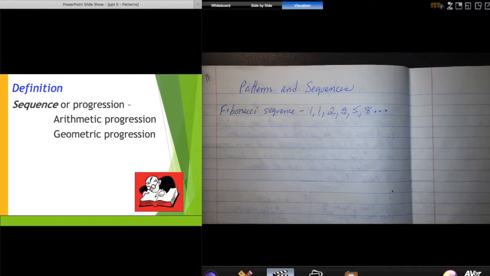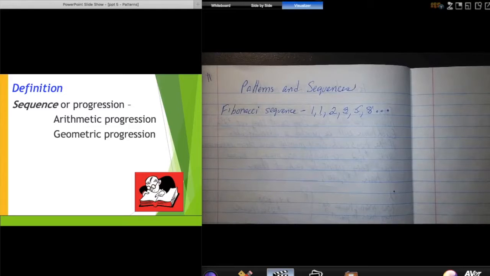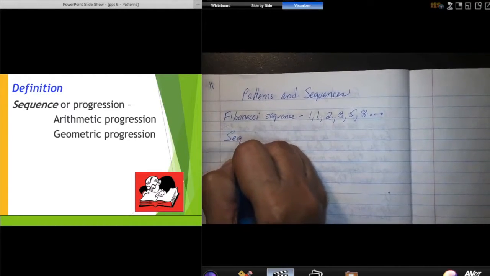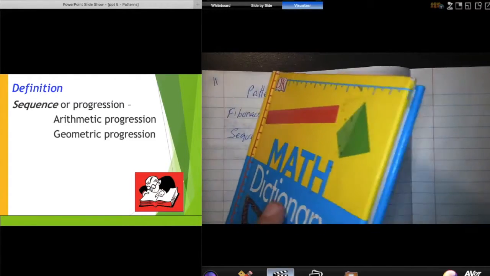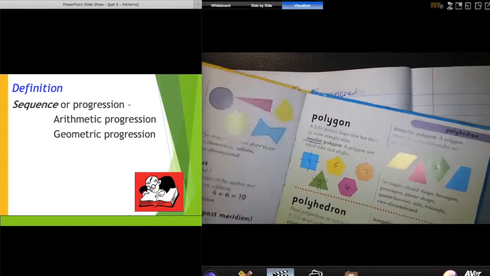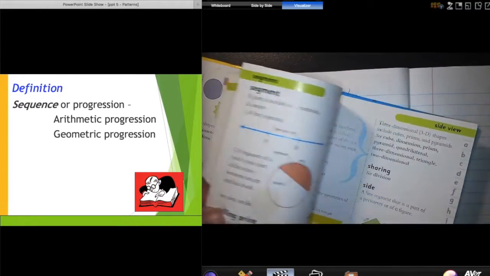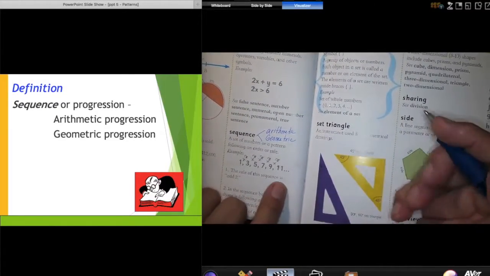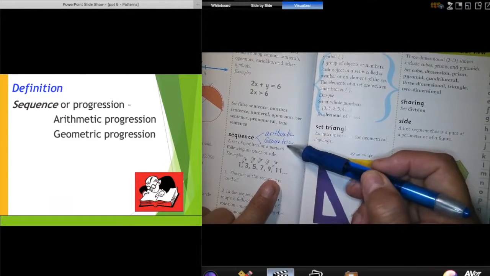So let's go ahead and begin with a definition of a sequence. Okay. Using my dictionary. Okay. I went ahead and wrote on my dictionary that there's two types, arithmetic and geometric.